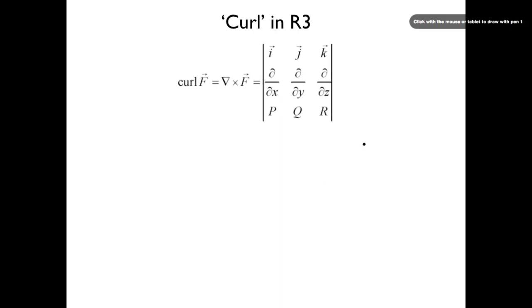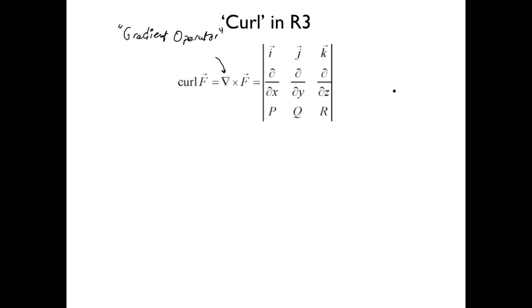So there's this thing, I want to call it the gradient operator. It's kind of like a ghost vector, because it's not really values or expressions, but just operations, right?